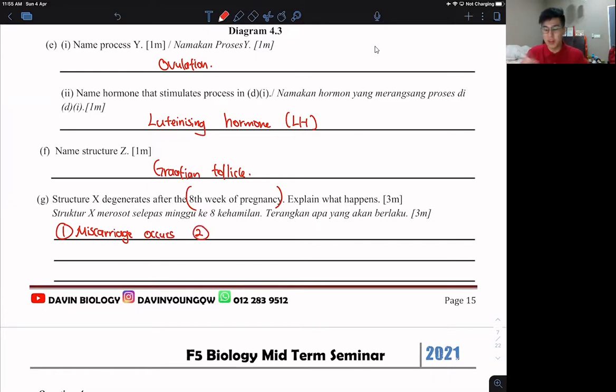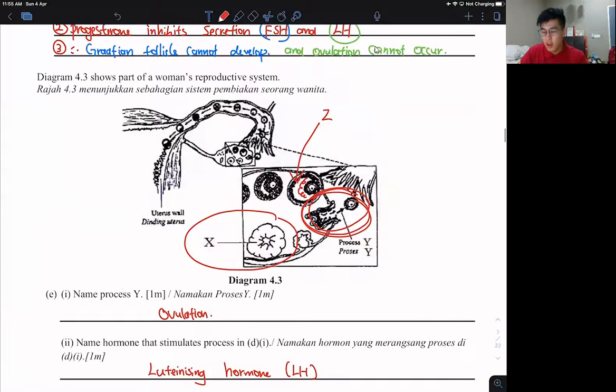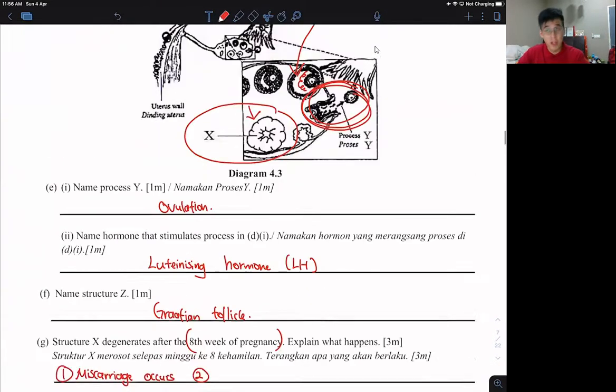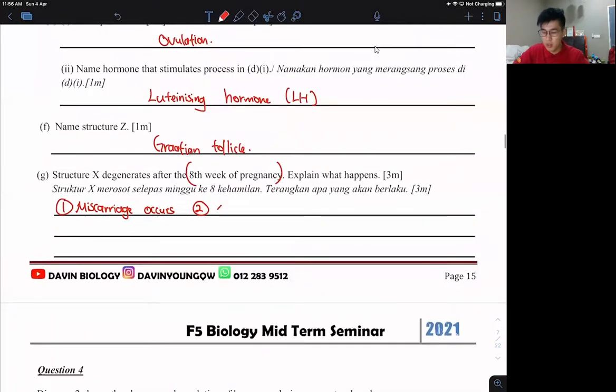Why will the baby drop out? Because the corpus luteum is the one that secretes progesterone. So no corpus luteum means no progesterone secreted.